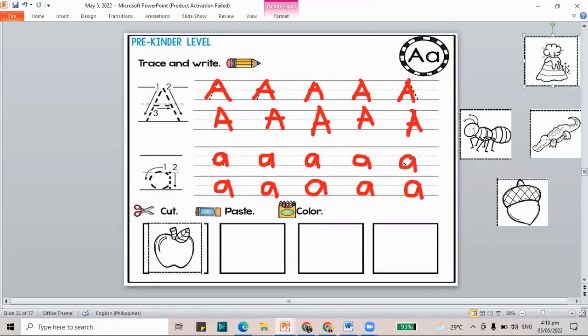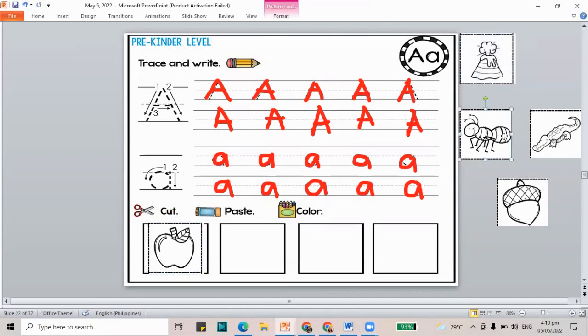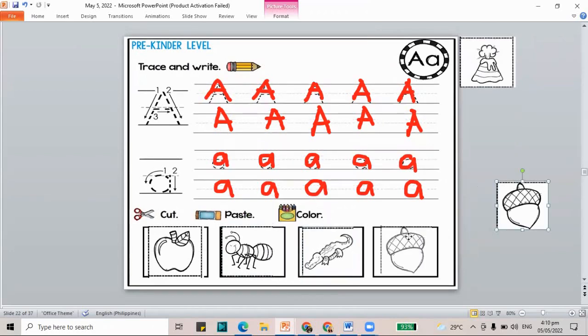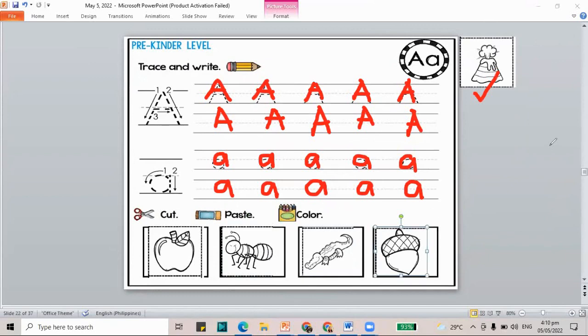A for the volcano? No. A for ant, A for alligator, and A for the acorn. Remember, volcano goes in V, not A. Cut and paste the pictures, and if your glue is dry, you can color apple, ant, alligator, and your acorn. If you're not yet done with the work, pause this video, play it again once you're done.